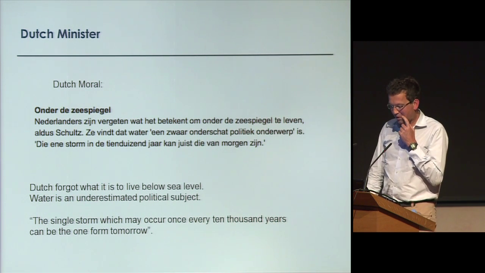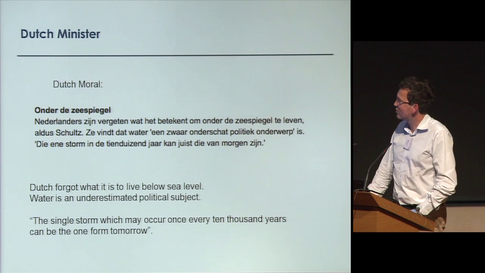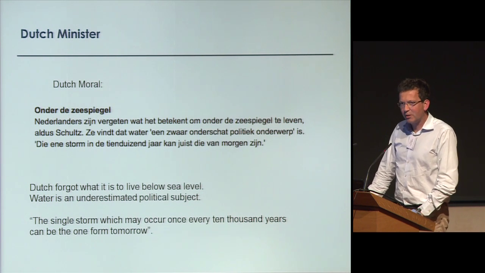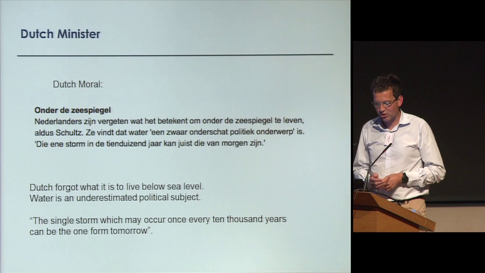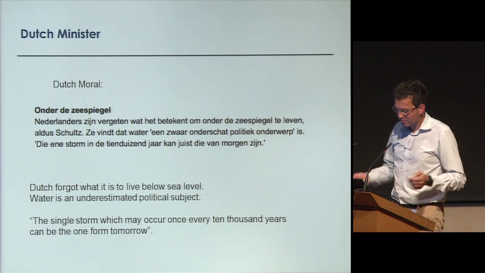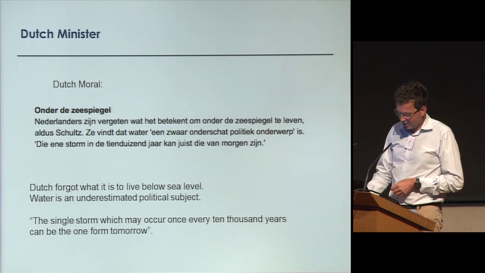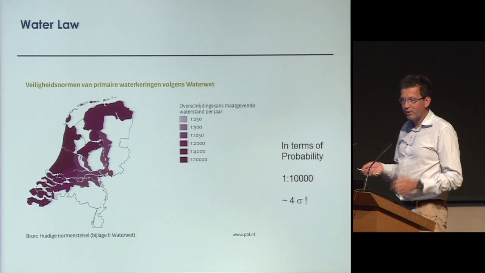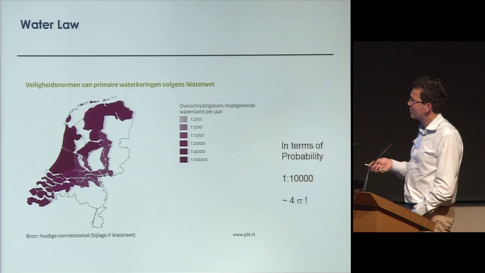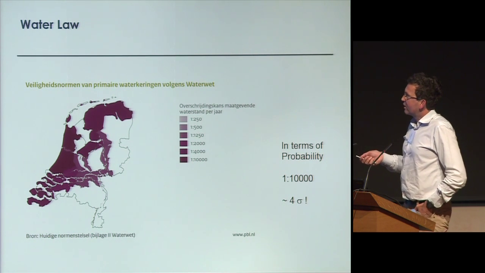And I was a little bit puzzled about this statement, particularly because I think we now have so many data that we can address these uncertainties. As I thought, what does it mean every 10,000 years?